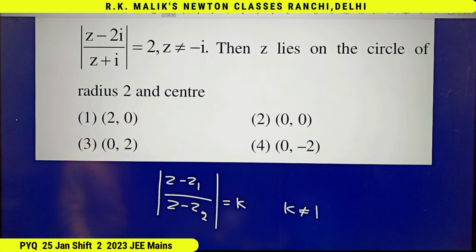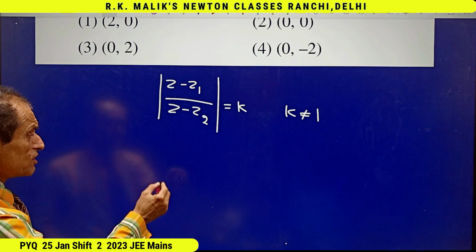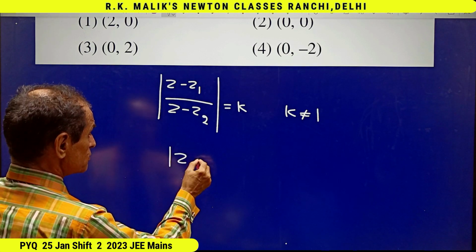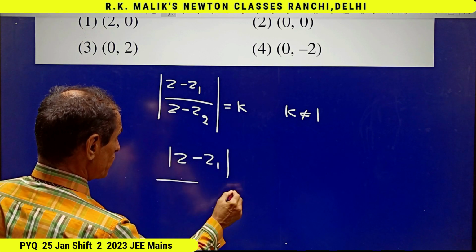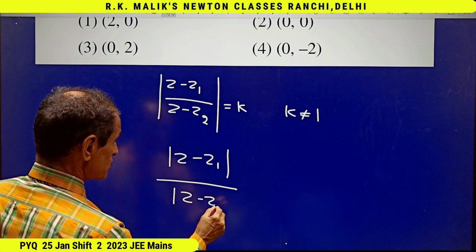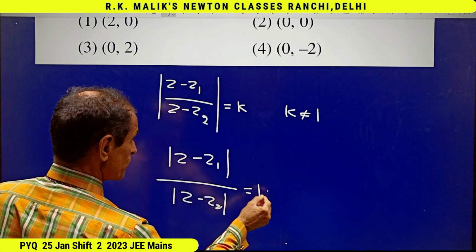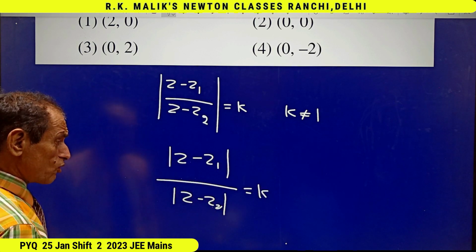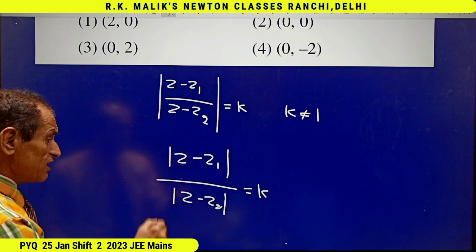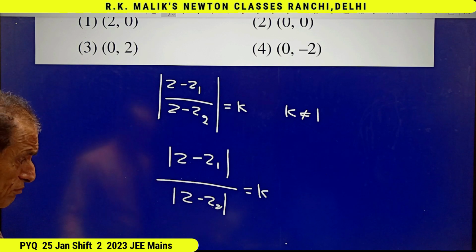But again I will say, for the complete theory you will have to see my video lecture of complex numbers made for JEE level. This can be written as mod of z minus z1 upon mod of z minus z2 equal to k, where z1 and z2 are fixed complex numbers, z is a variable complex number.